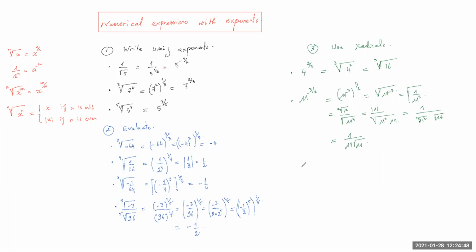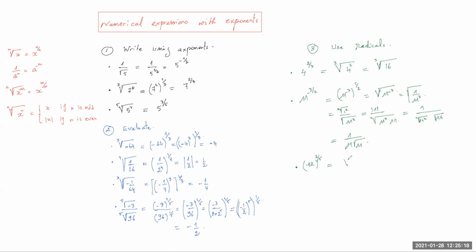Now, what about this expression? What about the two expressions? Look at the difference. Minus 32, power 2 over 5. We want to use radicals, and we will simplify if we can.